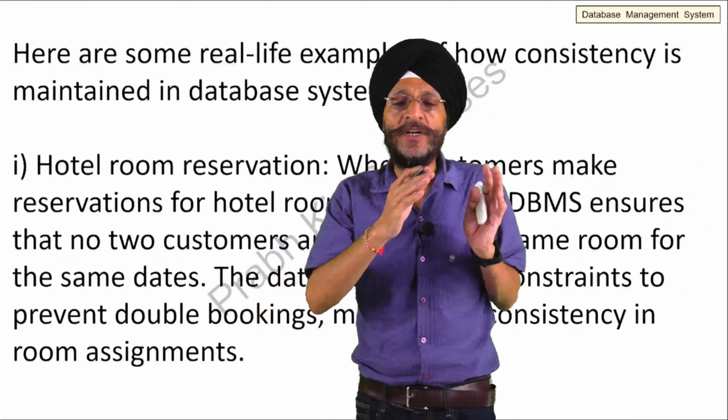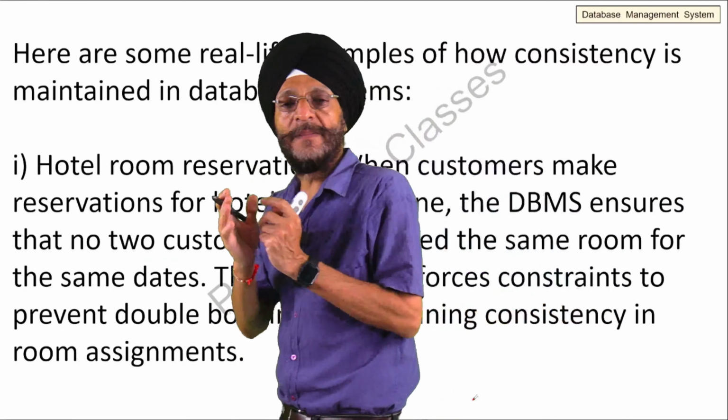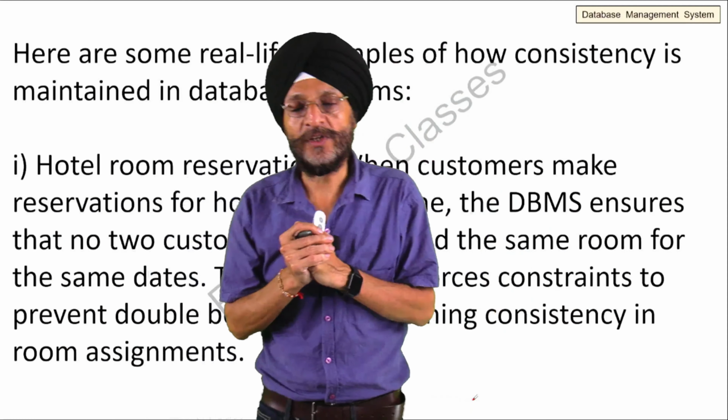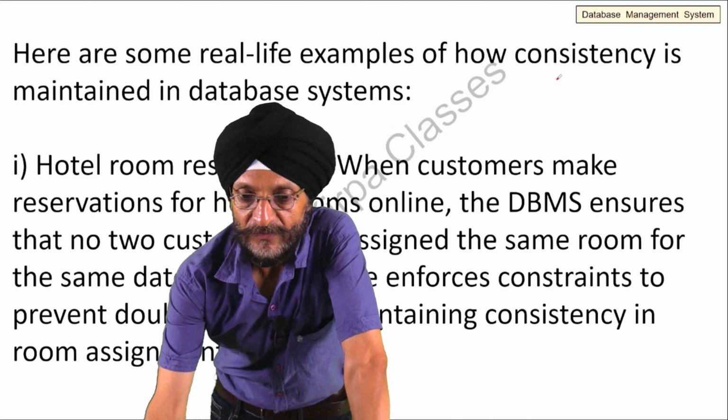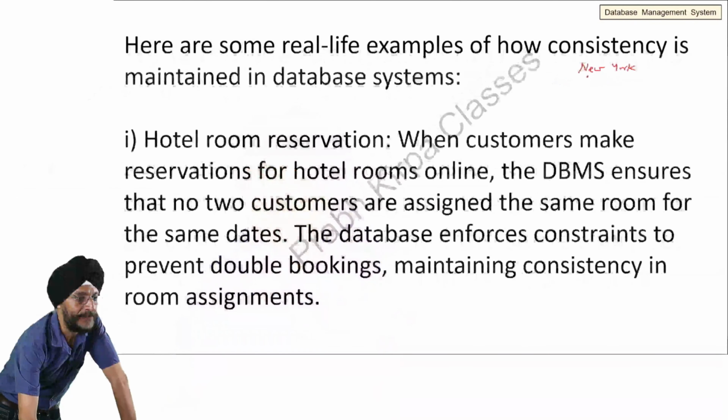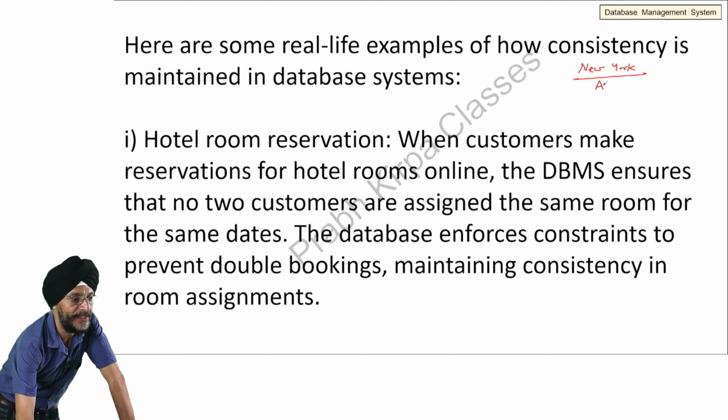Now we will try to understand this property of DBMS with the help of an example. We take the example of a hotel. Suppose you have visited New York many times, and one of the hotels is your preferred one, say it is ABC Hotel. Suppose there are two persons or two customers, A and B, who want to book, say, room number 1.